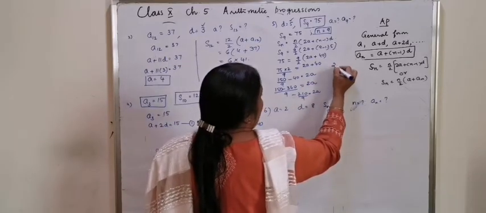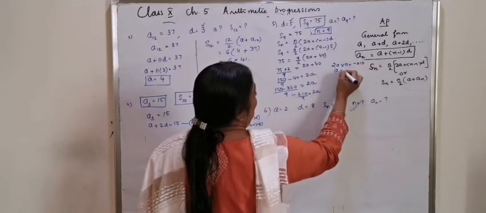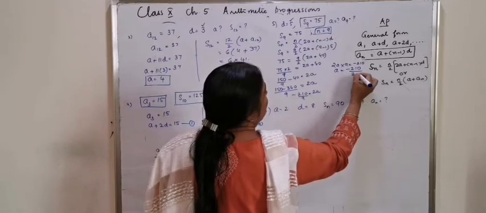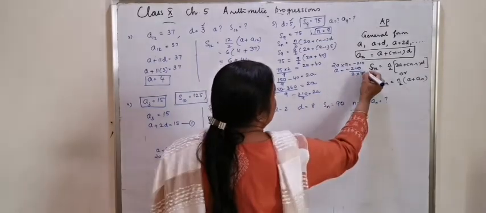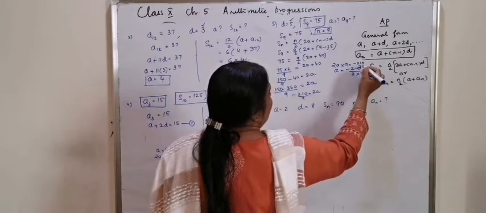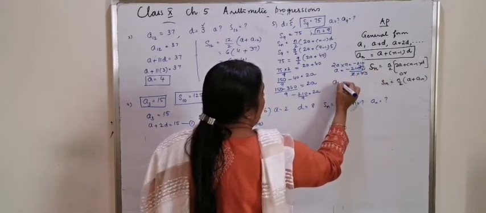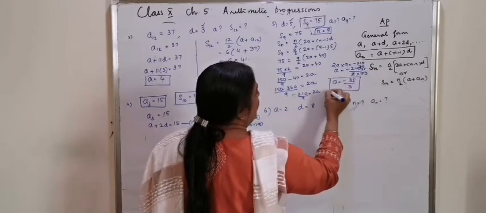If you cross multiply, 2A into 9 is equal to minus 210, or A is minus 210 by 2 into 9. With 3, it is 3 into minus 70, again with the 2, this is minus 35. So A value is minus 35 by 3.